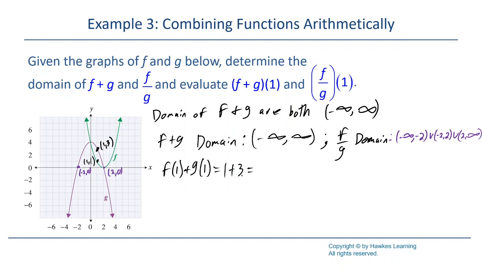So f of 1 plus g of 1 is equal to 4. Now, that would mean that if you plotted f plus g of 1, that point would be plotted here on the graph. And notice that I just get those points by adding the two functions together.